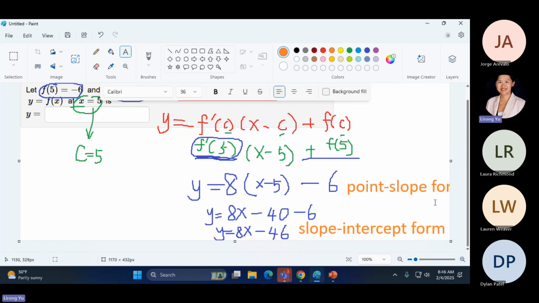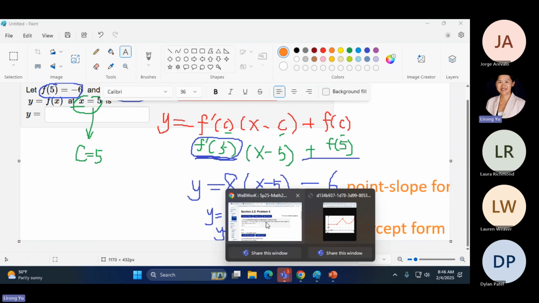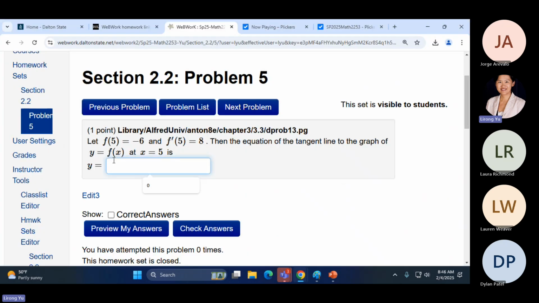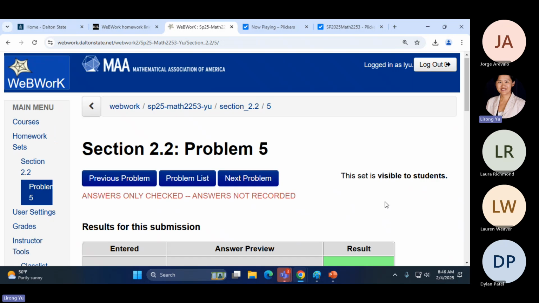Okay, so these are the two names that were very visible in our algebra book when we talk about the equation of a line. They are representing the same line in different formats. As far as this question, it's easier just to enter 8x minus 46 because it's way shorter than the formula.